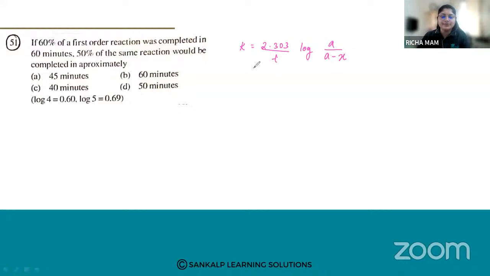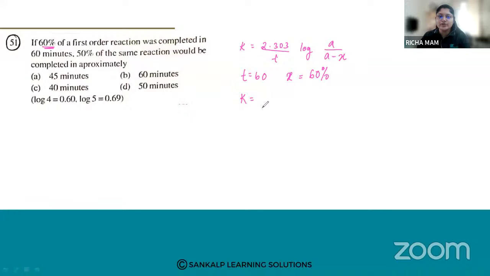Now here, what is t given? 60% of the first order reaction was completed in 60 minutes, so at t = 60, x is 60%. So substitute in that equation.